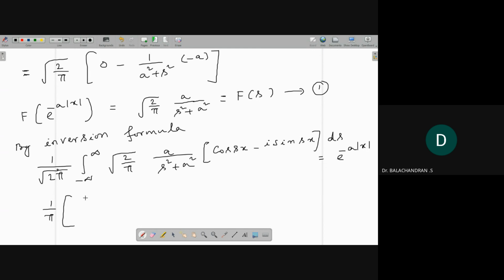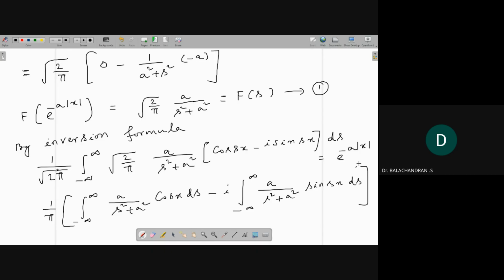So 1 by pi into the integral from minus infinity to plus infinity of a by s square plus a square into cos sx ds, minus i into the integral from minus infinity to plus infinity of a by s square plus a square into sin sx ds, which is equal to e power minus a mod x.